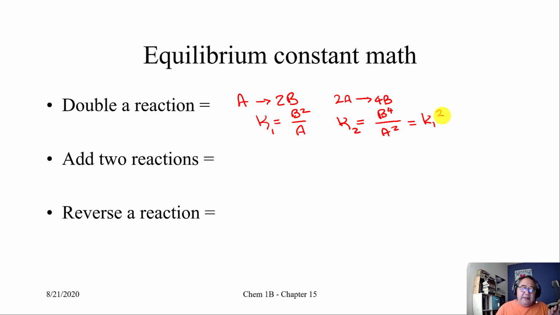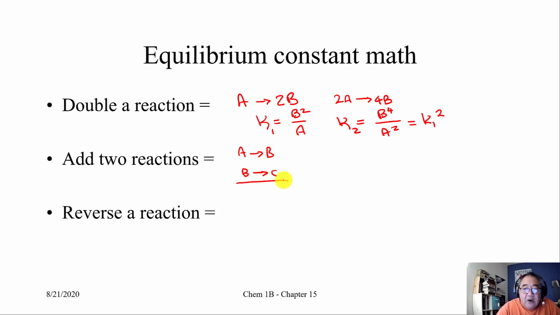Now, if I had two reactions and I was adding them together to get an overall reaction, like we did with the rate laws, for example. So let's say it's A goes to B, and then I have B goes to C, and I add those together.